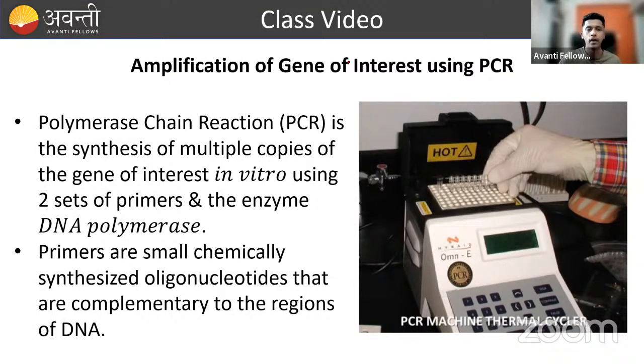In forensic labs, when we visited, we asked a question: for catching a criminal, how much DNA is required? We thought at least 1 gram, 2 grams, or 1 cell at least is required, right? We will think like that.